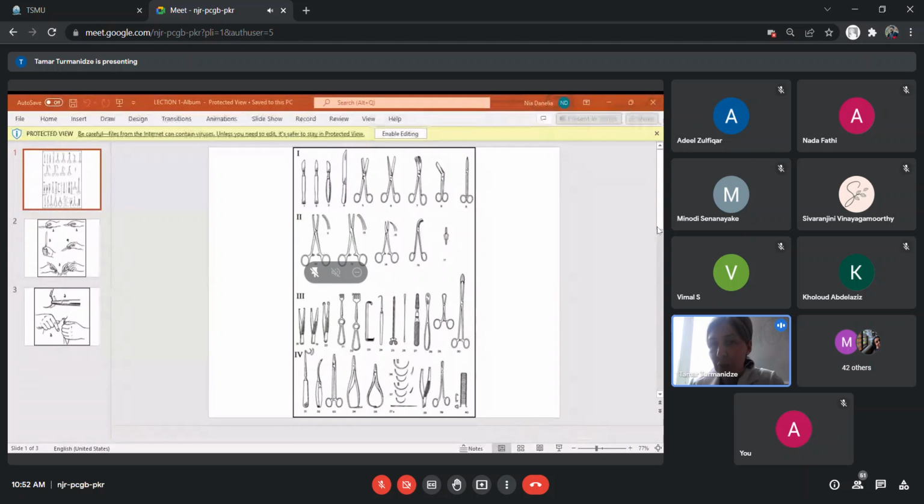A surgical operation includes three stages. First stage is operative access. Second step is operative action, and the last of the surgical operation is recovery from the operation.